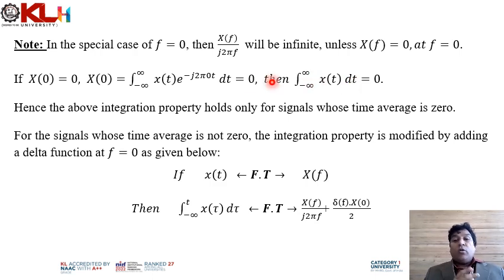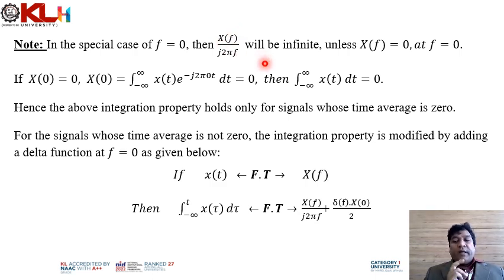Okay, so the previous property, the integration property, holds for the signals whose time average is 0, so that for the special case where f is equal to 0, this capital X of f will be 0, and there is no issue of the infinity calculation.